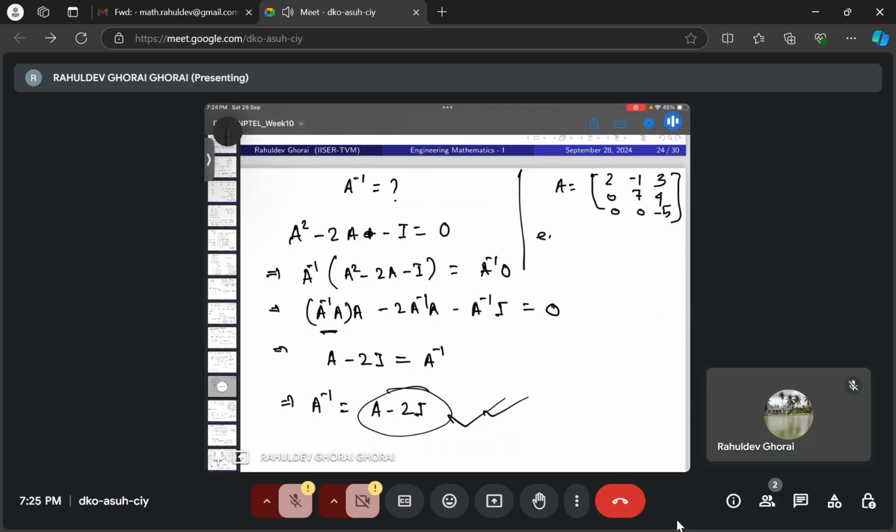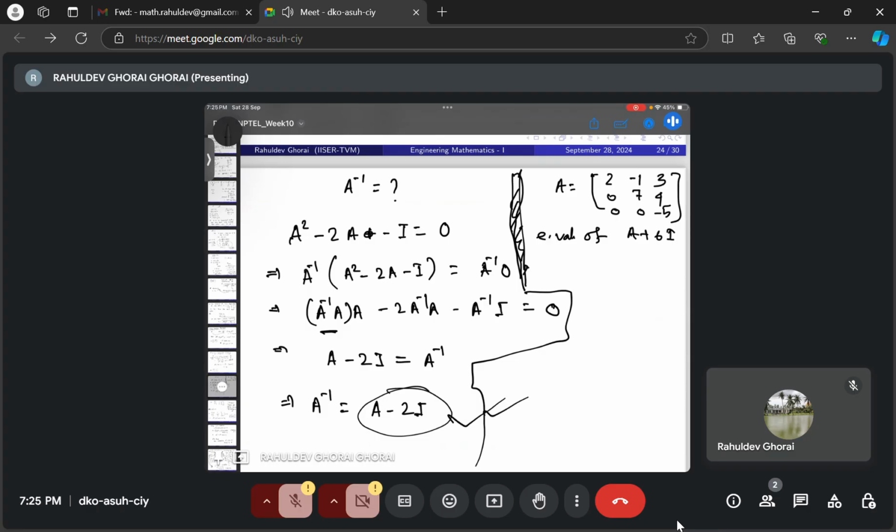Find out the eigenvalues of A plus 6I. If you have remembered, then it will be easy. So how to evaluate the eigenvalues for this matrix A plus 6I, right?